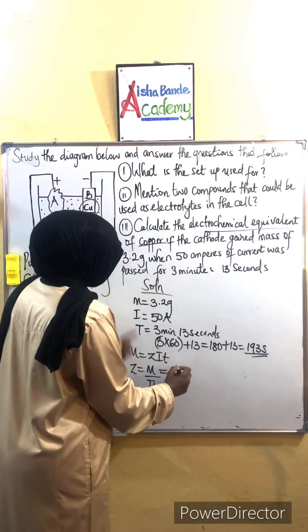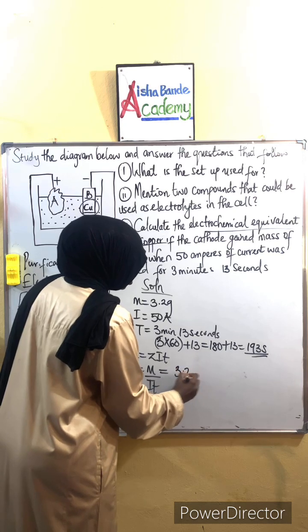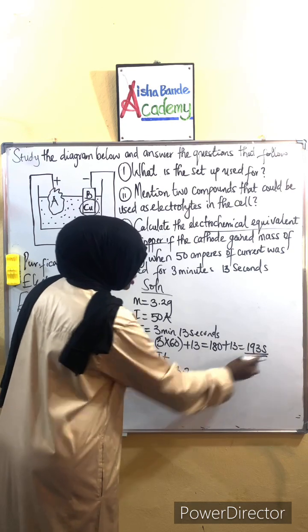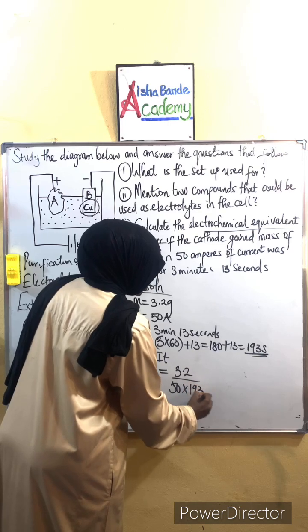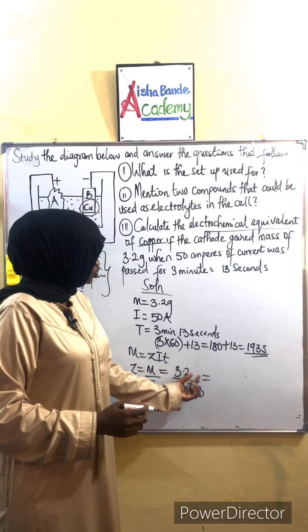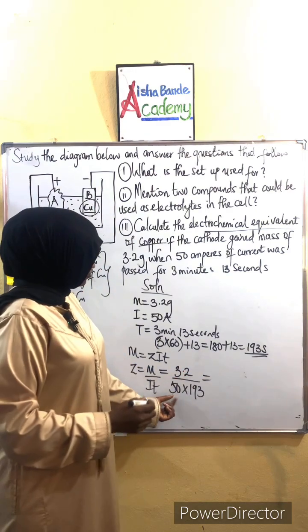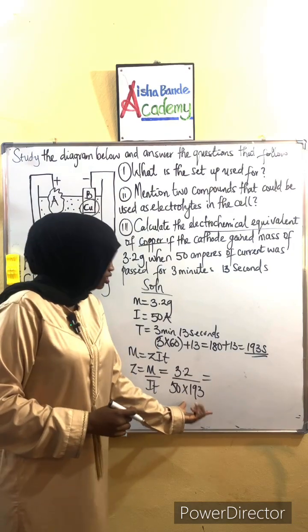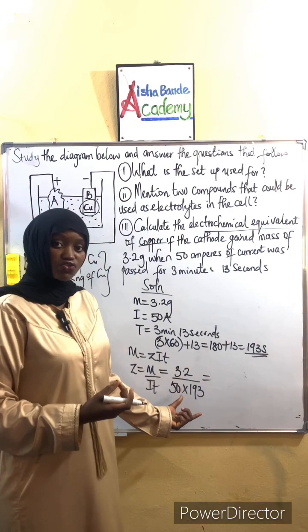So here we have M as 3.2 all over I, which is 50, times the time now, which is 193. Okay, so when we punch our calculator, by saying 3.2 divided by 50 times 193, at this point you have to be very careful with your calculator. If you're not punching it well, it's going to give you the wrong value.